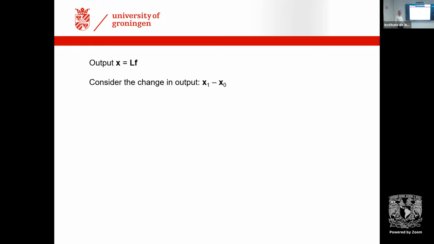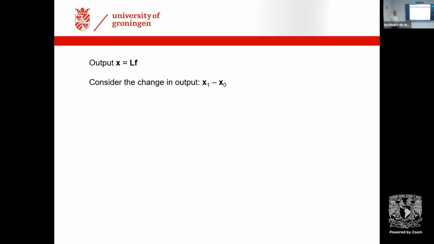This is the simplest case that you can consider. We have one variable that consists of the multiplication of two other variables. So X equals LF, where L is, of course, the Leontief inverse, the matrix, and F is the vector of final demands. We're going to look at the change over time in the outputs.